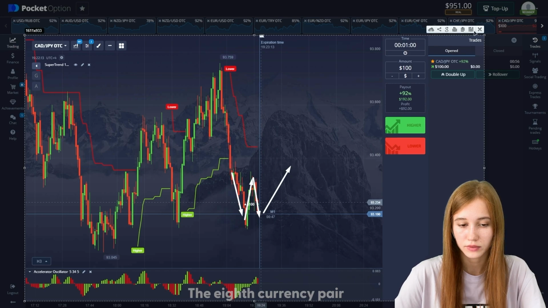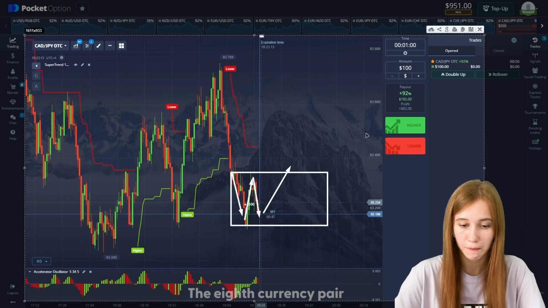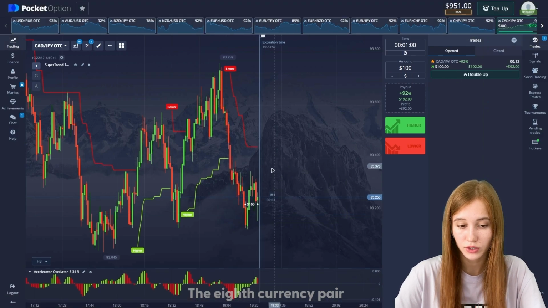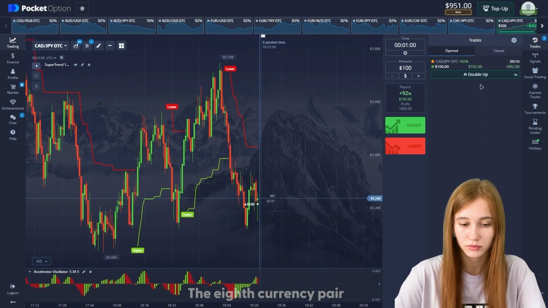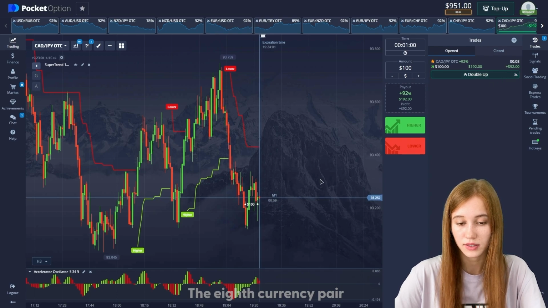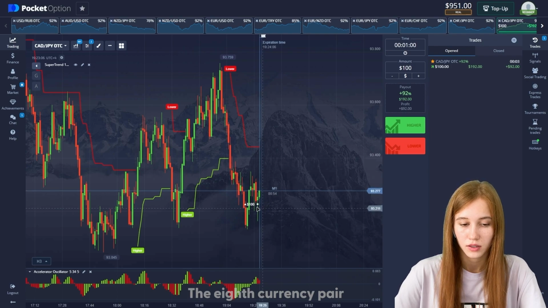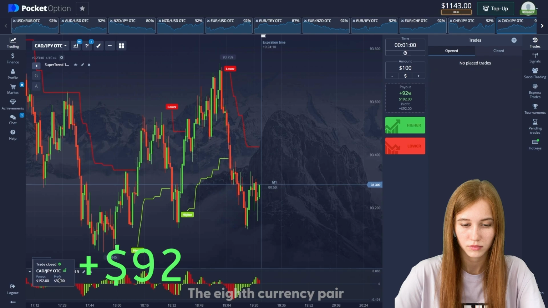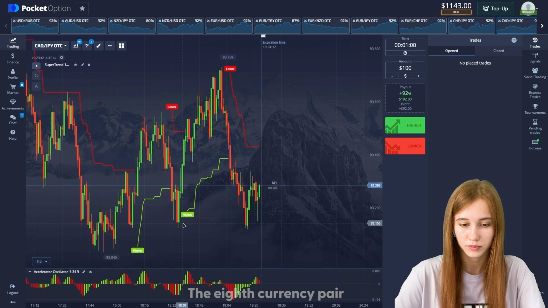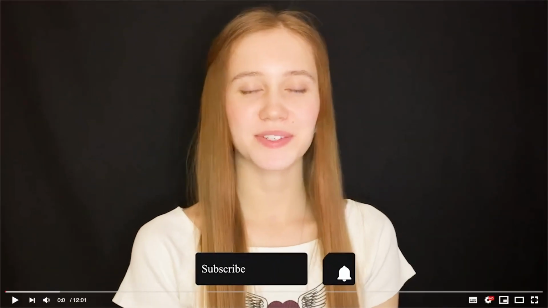And now decreasing, we see some consolidation, and let's see. There are 8 seconds until the end of the deal. Yeah, plus deal, good. We're in the black.